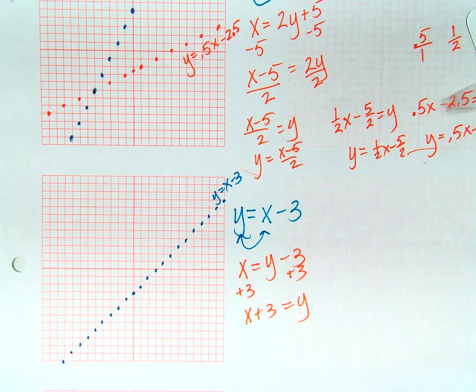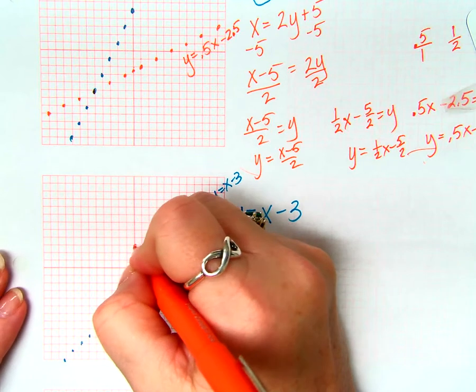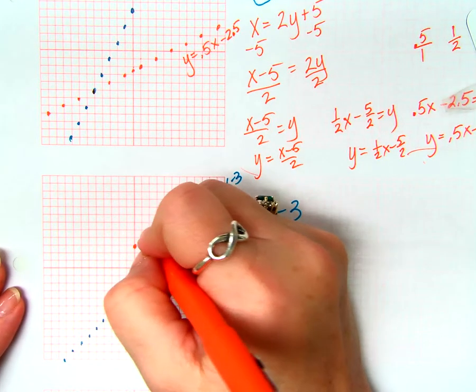How do I graph that? Up 3. Up 1, right 1.